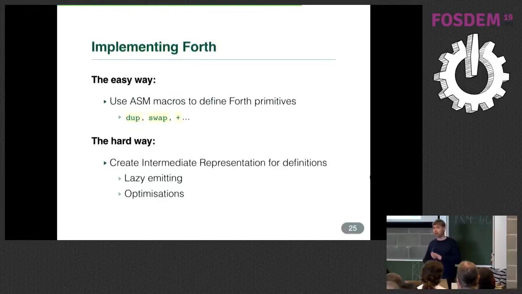So you can create a million definitions, and if you don't use them in your main code, we won't emit them to the ROM, which is quite useful with the 32 kilobytes that you usually have. Other things are optimizations. We have worked on tail call optimizations in this. There are a lot of other things we can do using an intermediate representation.